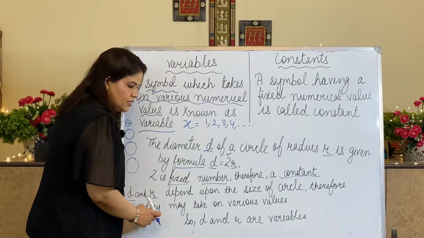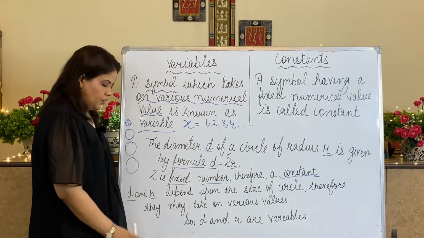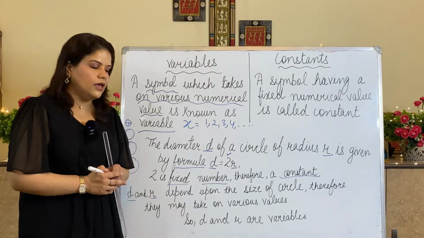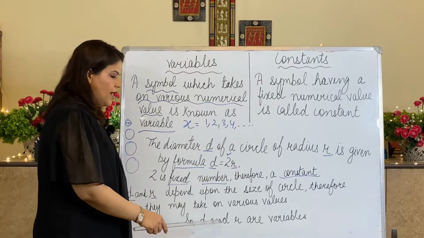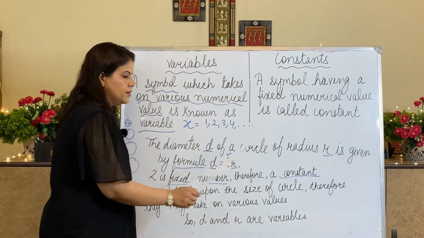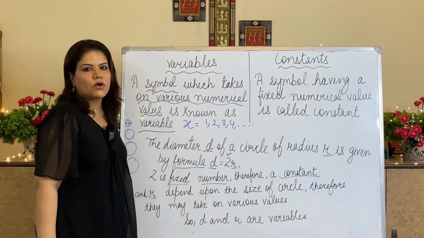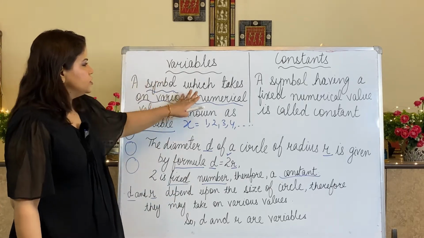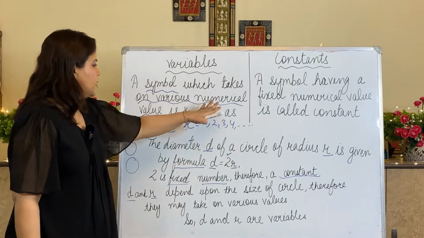So that means it is going to vary according to the size of the circle. When something is going to change and it can vary, that means d and r are variables, but 2 is a constant. I am explaining to you once again. A symbol which takes on various numerical values.